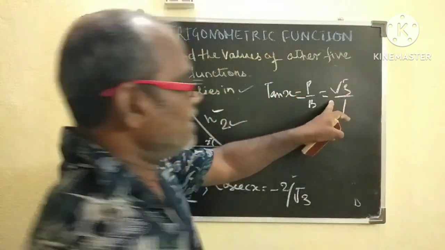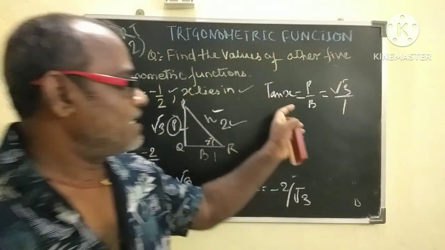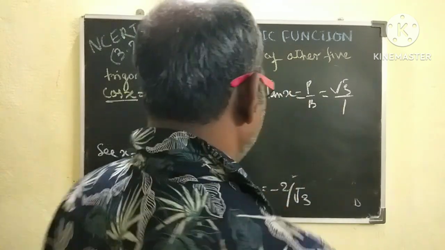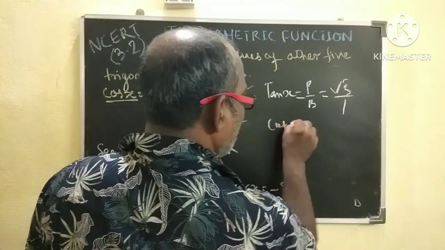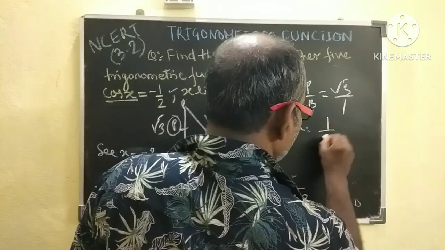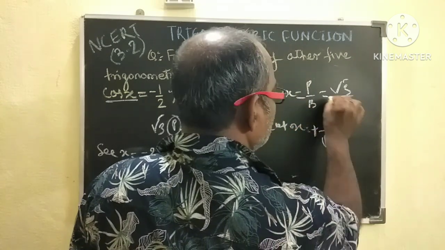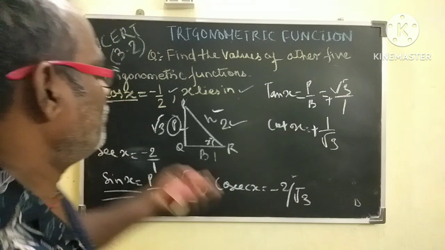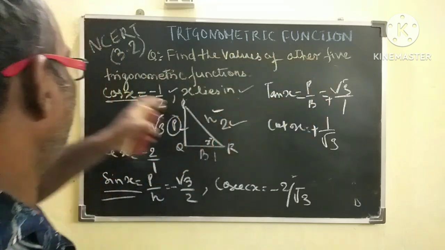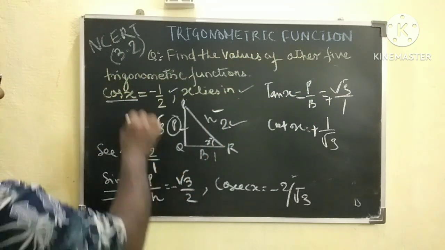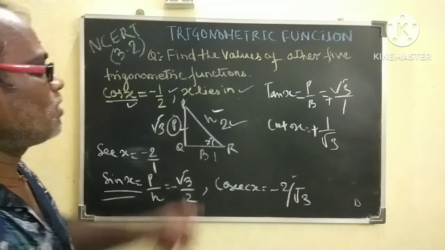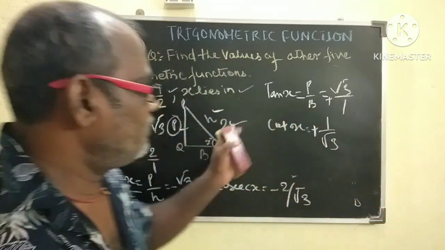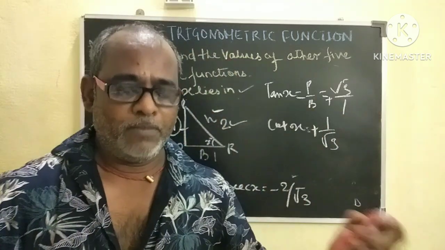We don't put a negative sign here because tan x in the third quadrant is positive. Therefore, cot x equals 1 by root 3, which is also positive. In this way, with the help of the Pythagoras theorem, we can find all the values of trigonometric functions if it is given this way. Now let us go to question number 2. We can do it this way, but we'll go with the formula basis.